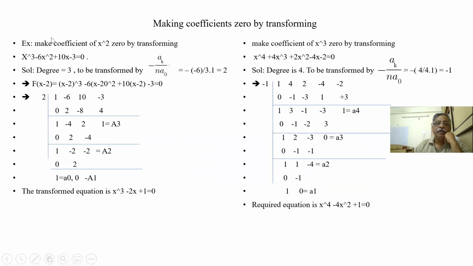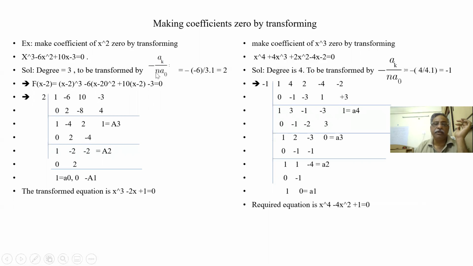Here, make the coefficient of x square 0 by the method of transforming. This is the given equation. So what is the formula for making it 0 in the process of transforming? X plus h, I want the h. So the transformation is given by minus ak by n a0. Ak is whichever term I have to make 0, that coefficient.